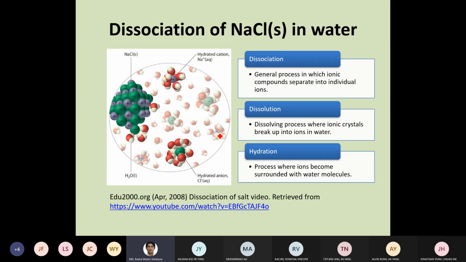But the question now is, how do some particles get dissolved in water and some don't, even though they have a similar appearance? Why do some of them get dissolved and some not?